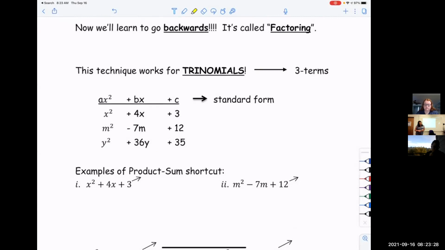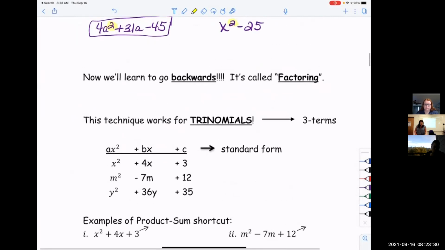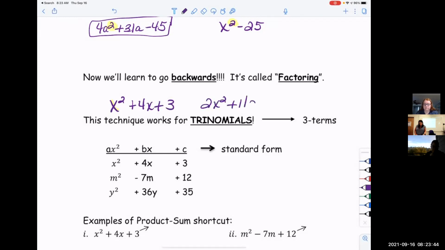So there's a couple of different kinds of factoring where there's trinomials. I don't know, let me just make up some numbers and not worry about if it's going to work or not.